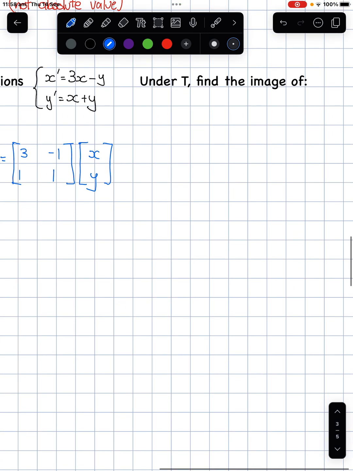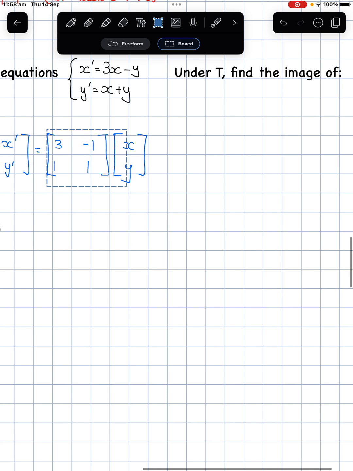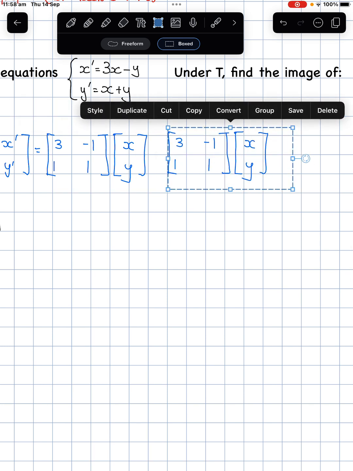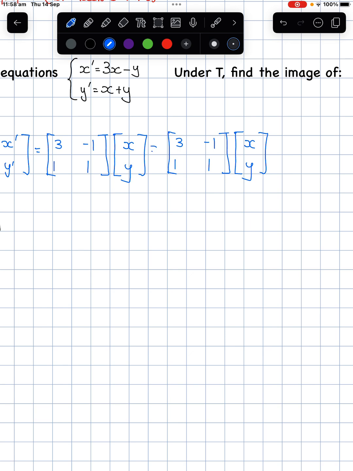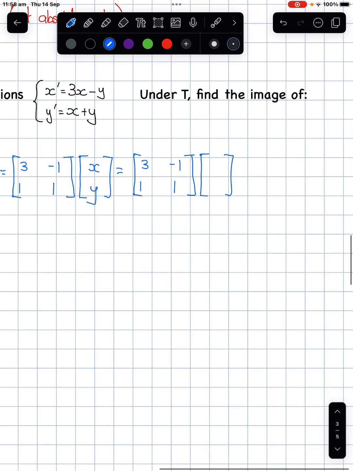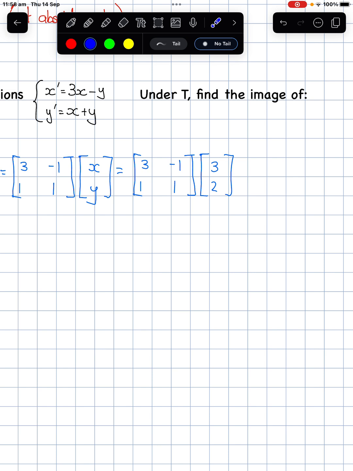And realistically, what we're doing here, I'm just going to copy that and paste it here so we save a little bit of writing. Okay, so what this is doing is we're putting in our coordinates here. What are we putting in? 3 and 2. And this is actually a multiplication. So just remember that on the left hand of this equation, we've got x dash y dash, which is after the transformation.